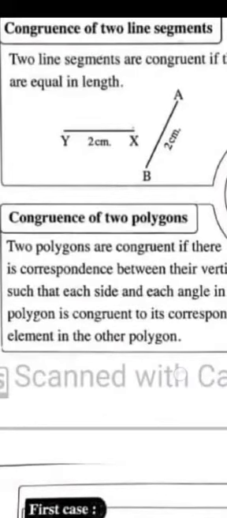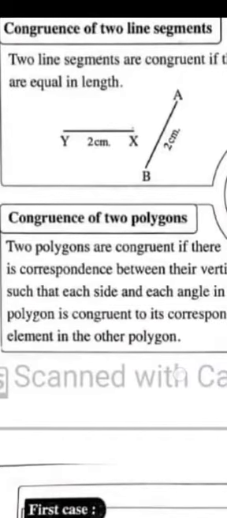When can we say the two polygons are congruent?